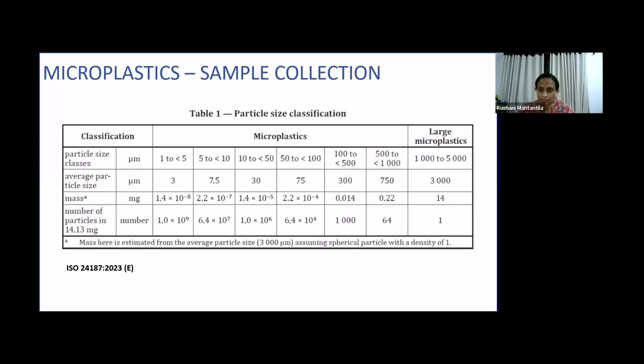Then we can fit the 1000 micrometer or 1 millimeter sieve below the 5 millimeter sieve. Particles retained on the 1 millimeter sieve, we can collect as large microplastic. And then we can use the 500 micron sieve, and it gives these fractions.